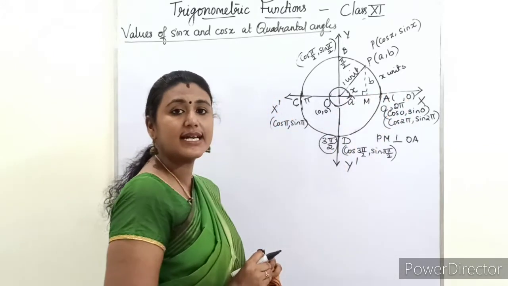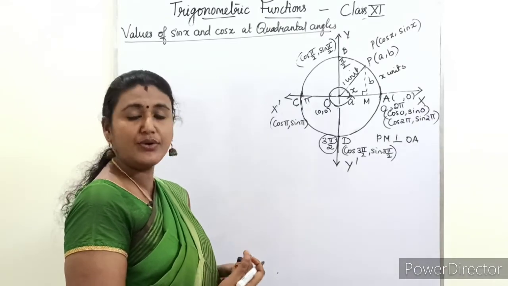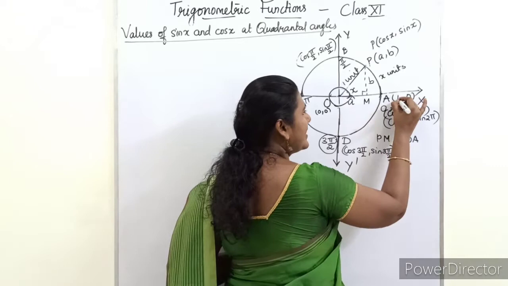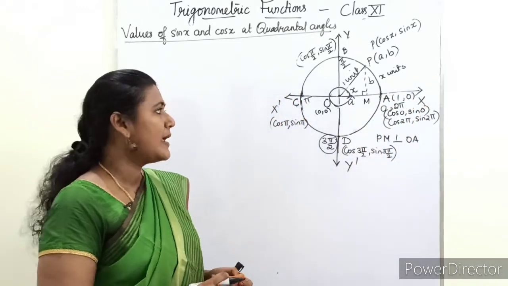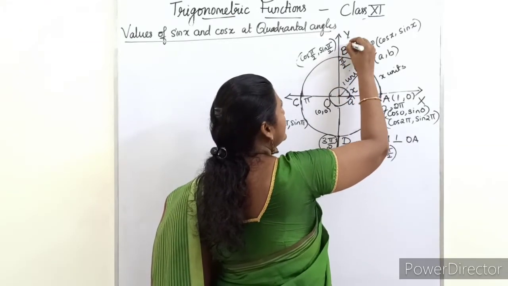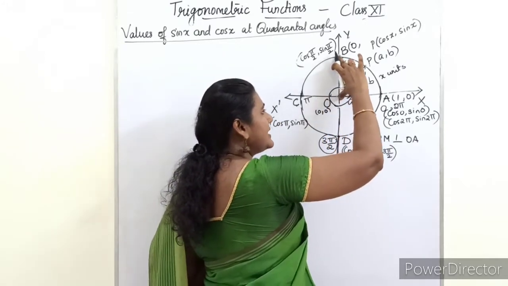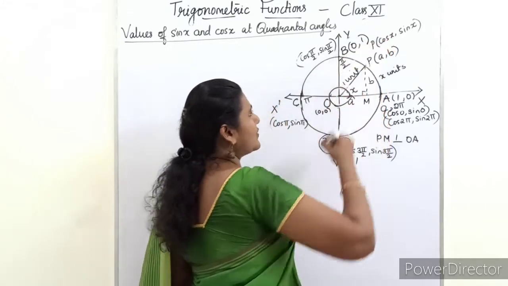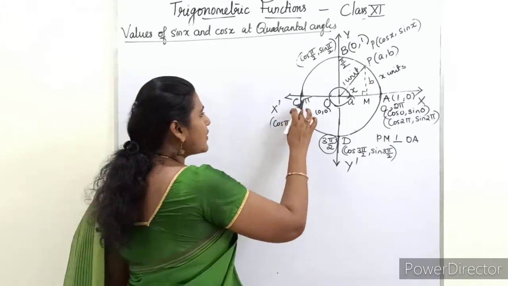Actually OA is the radius of this circle, and since it is a unit circle, the x coordinate will be 1. So the coordinate of A is 1, 0. Now the point B. B is a point on the y axis, so its x coordinate will be 0 and this distance, again the radius, is 1 unit, so the coordinate of B is 0, 1. Now next is point C.